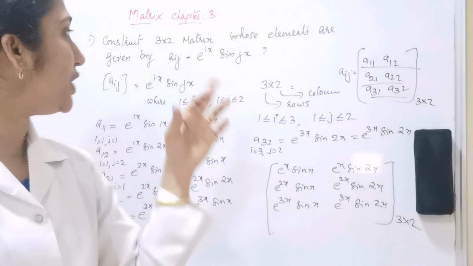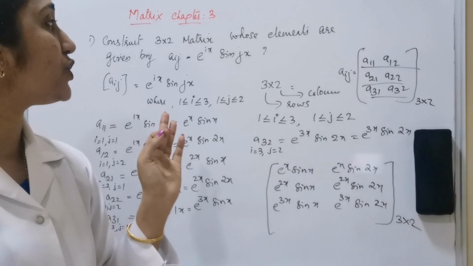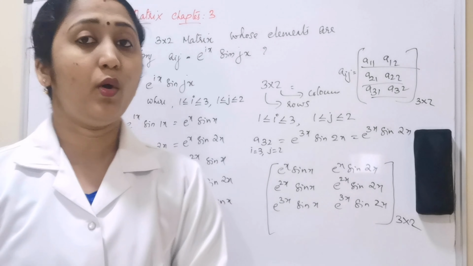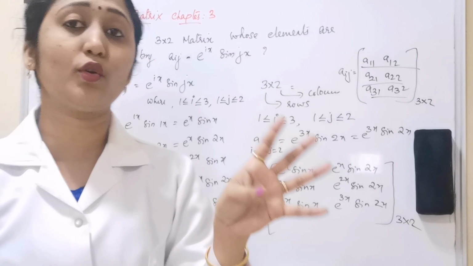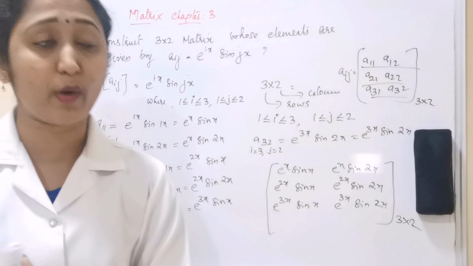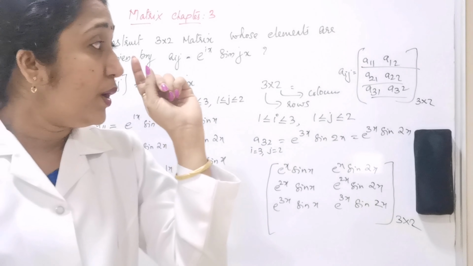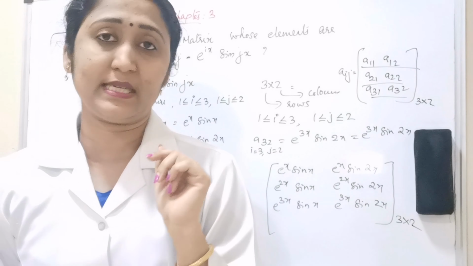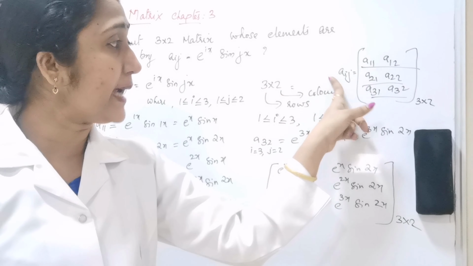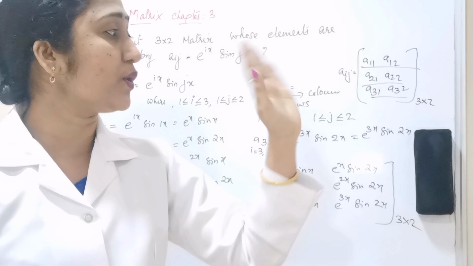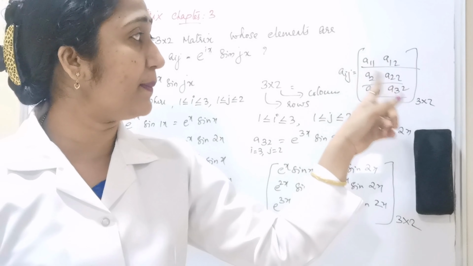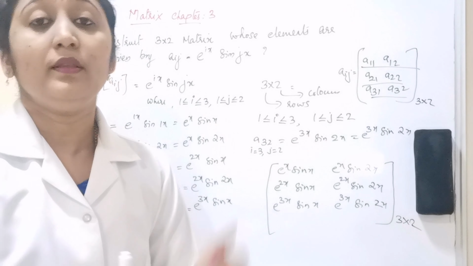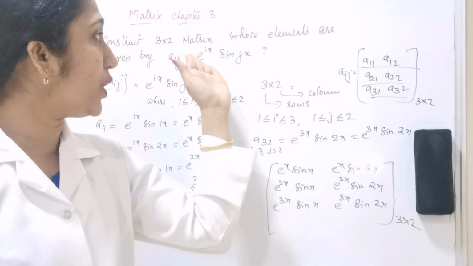The given condition is Aij equal to e raised to ix sin jx. Construct a 3 by 2 matrix. A 3 by 2 matrix means 3 rows and 2 columns. First of all, if you get this type of problem, you have to write the basic form, then only can you find the elements, otherwise you will make mistakes. We write the form of the matrix with the elements a11, a12, and so on, and then find the elements based on the condition.